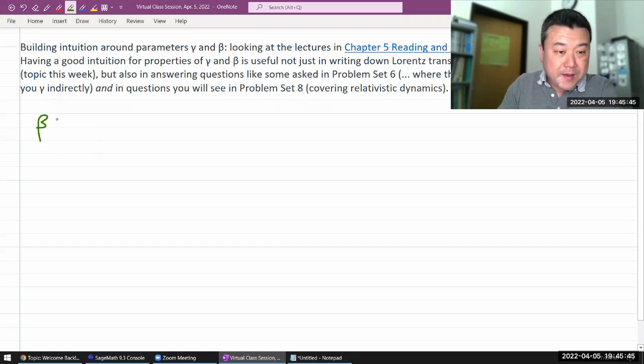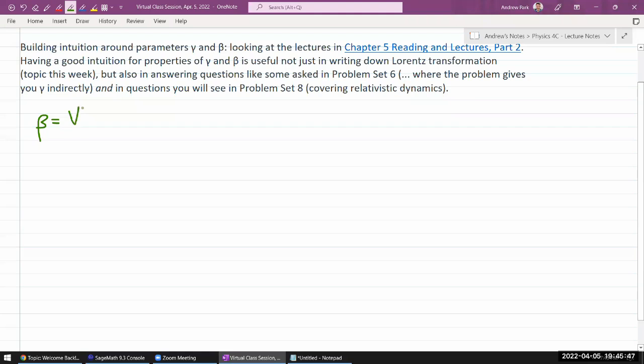So beta is defined as the speed at which something is moving, v divided by c, the speed of light. Both of these are quantities that people have experience measuring. And given this beta, you can write down the gamma factor, which is 1 over the square root of 1 minus beta squared.